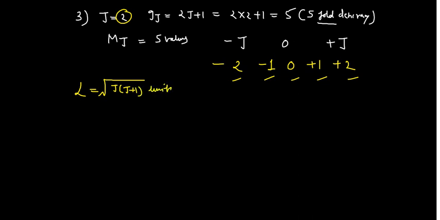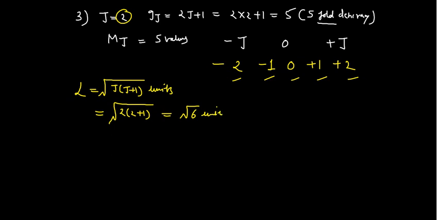The unit is h cross, that means h on 2 pi. If you solve this a little bit further, the j value is 2, then 2 plus 1, that will give you under root of 6 units.